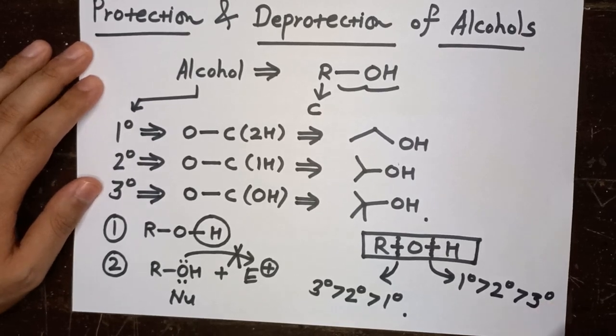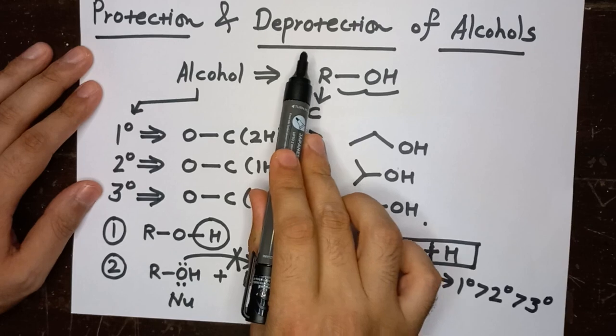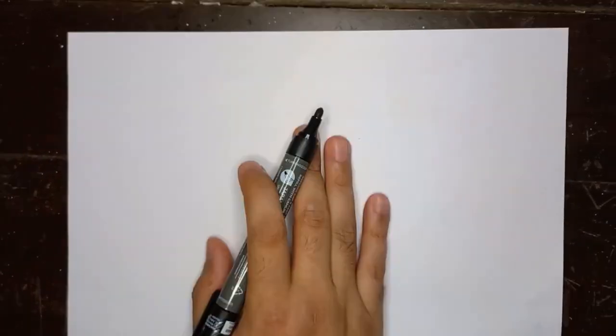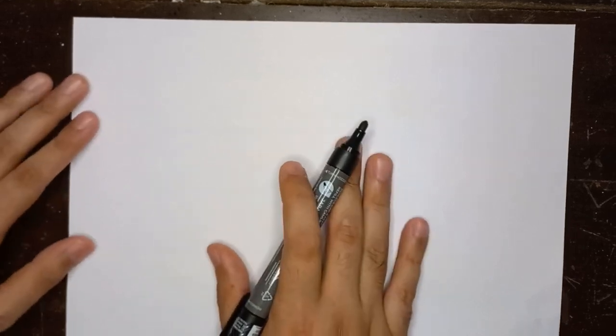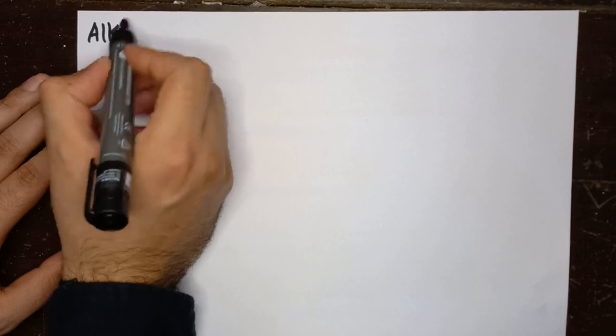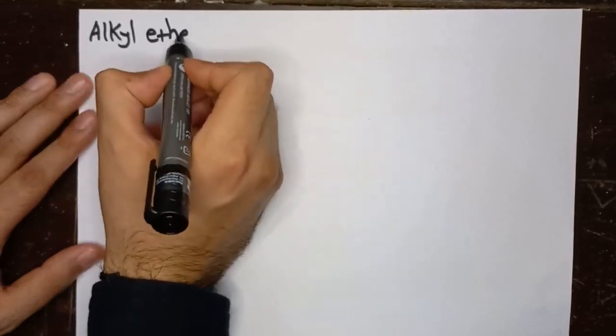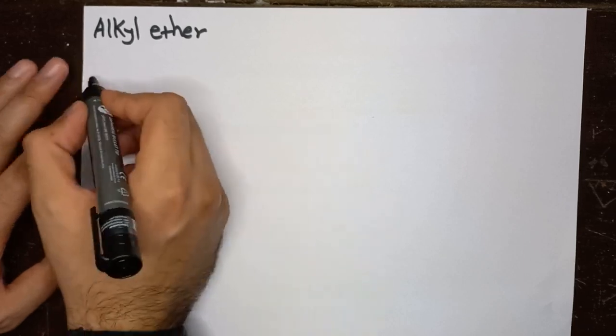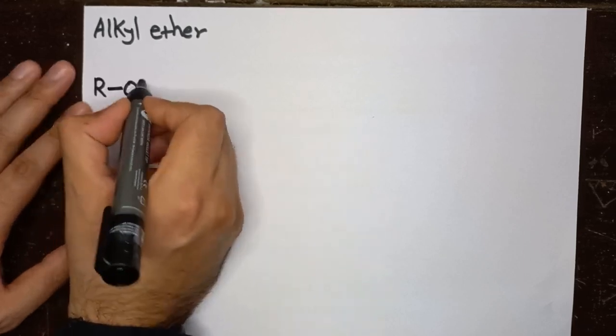Now let's move forward and study protection and deprotection of the alcohol functional group. Okay, so the first one we have is what we call the alkyl ether protection. So what is it? This is my alcohol functional group.